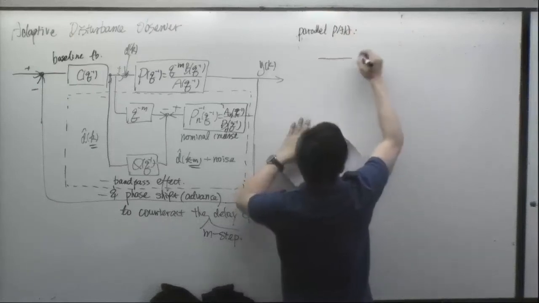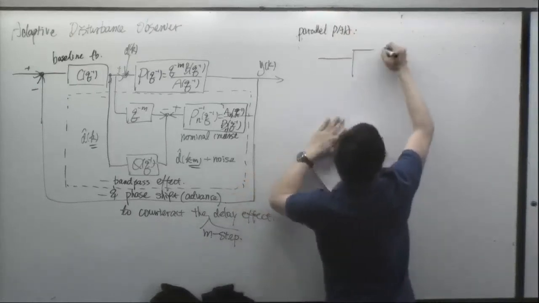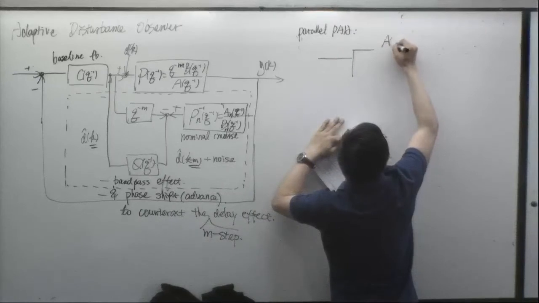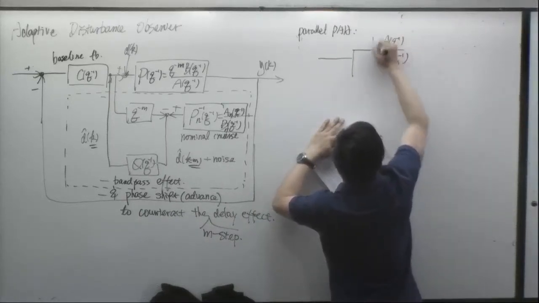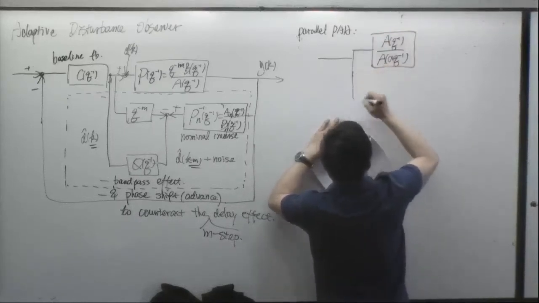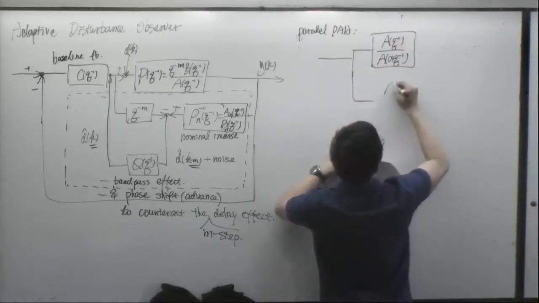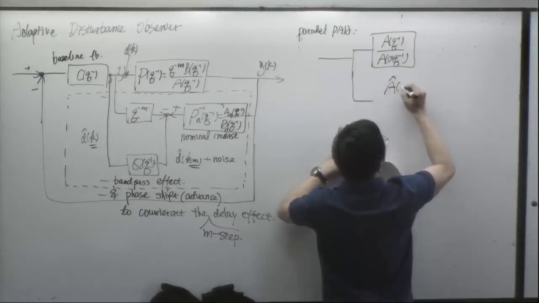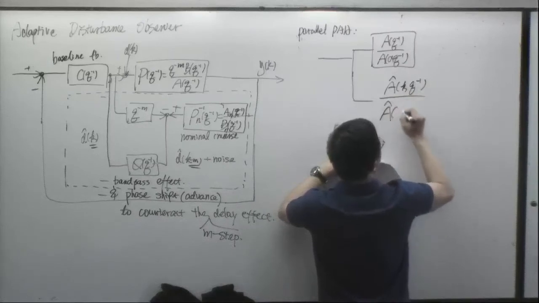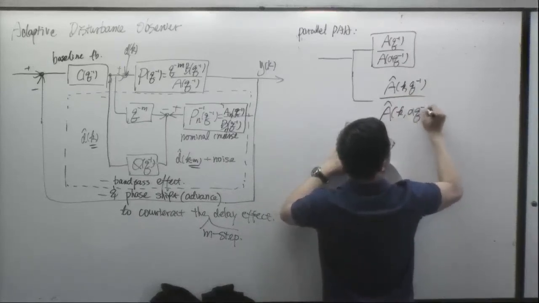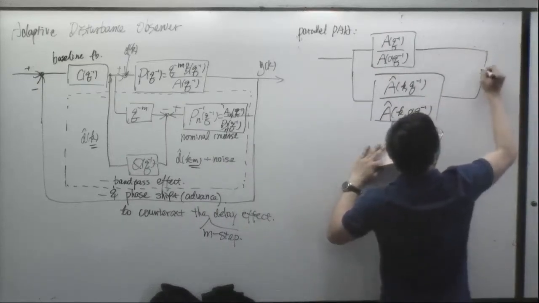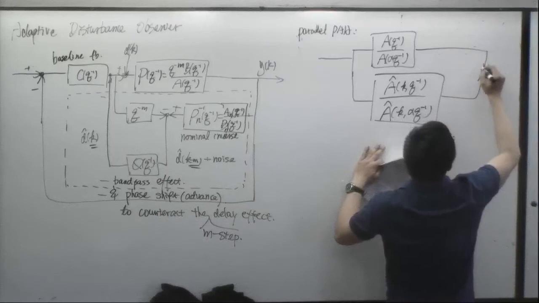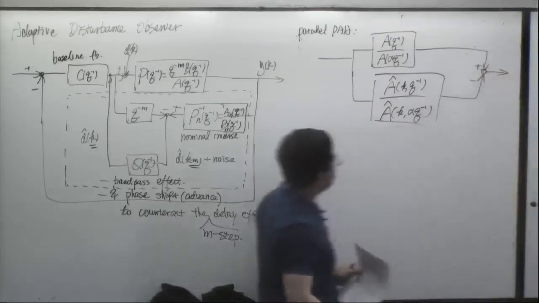So the way to design a parallel structure, as you would recall, is something like this. We have an unknown model, and we update with a parallel PAA like this, right?